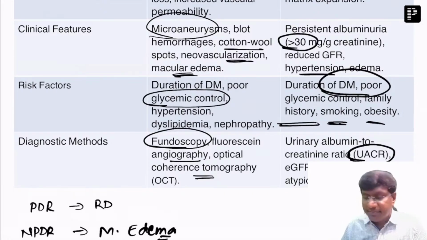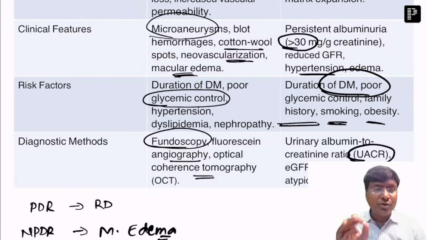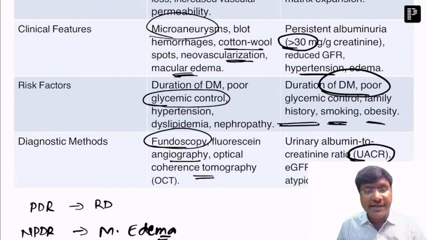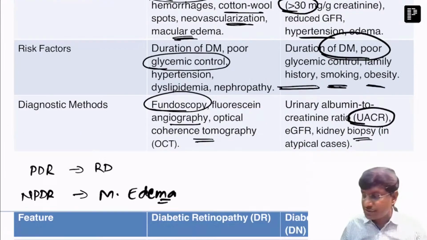Followed by that, in atypical cases, they will require the kidney biopsy. And in the kidney biopsy, what are the pathognomonic lesions? The pathognomonic lesions in diabetic nephropathy will be KW lesions, which are called Kimmelstiel-Wilson lesions, or also called intercapillary glomerulosclerosis, right?